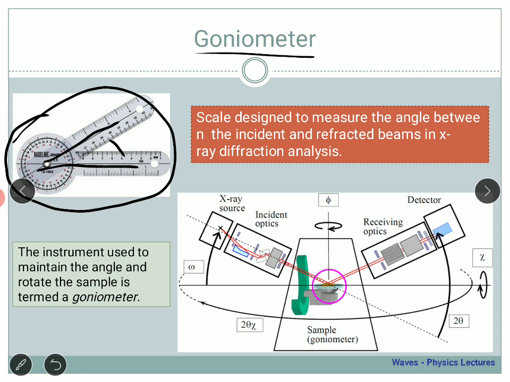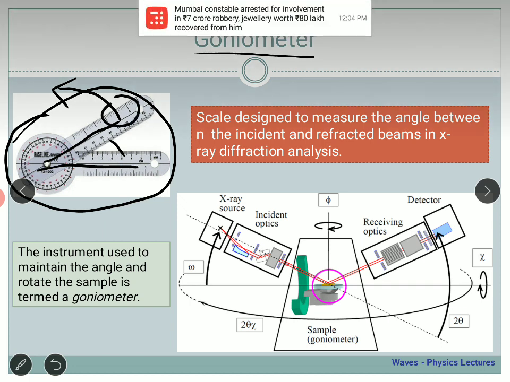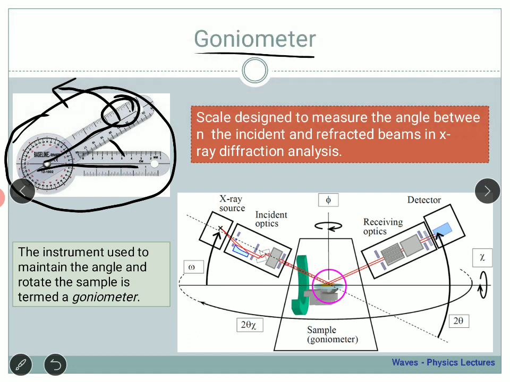You can rotate this scale along this direction and place it at different positions to measure different angles at different lengths. So if we put the detector here, and the X-ray generator here, we put the sample somewhere here, and we put the X-ray detector somewhere here.